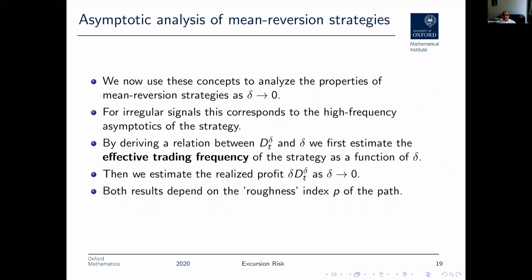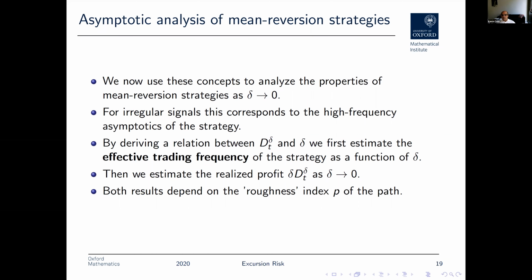The limit delta goes to 0 corresponds to small trading thresholds, but for irregular signals, small trading threshold means that you're going to cross it very frequently, because you're going to have an oscillating behavior at 0 if there is a non-zero observation intensity at 0. So this also corresponds to the high frequency asymptotics of the strategy.